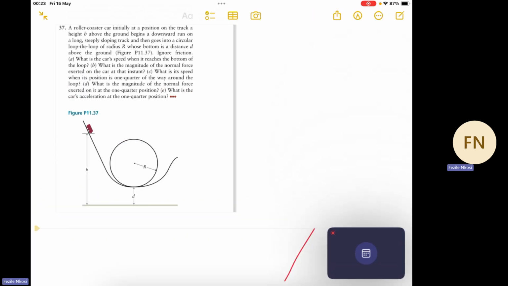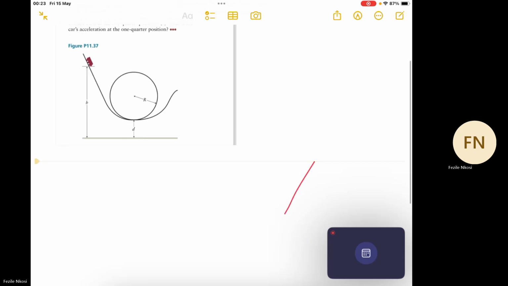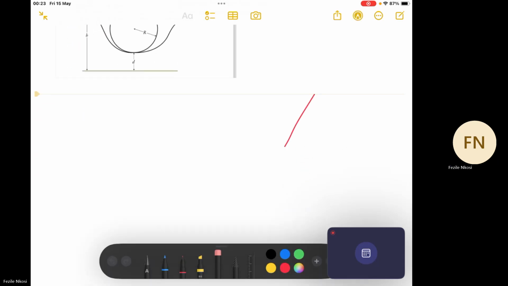Let me just try to write on this. What did I write here? So, but no friction. What does that mean?